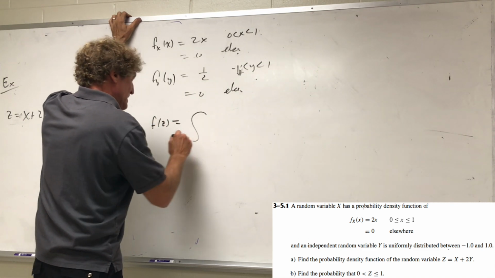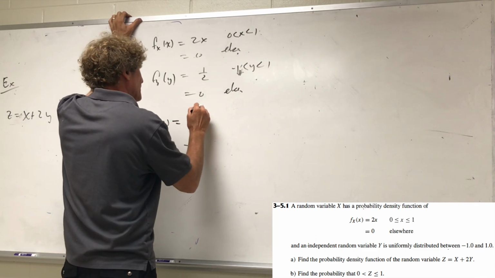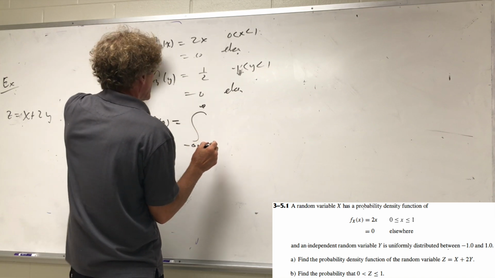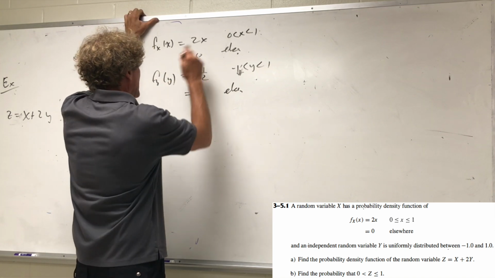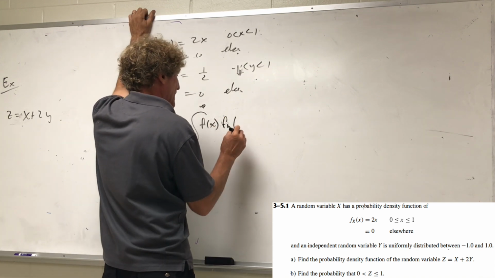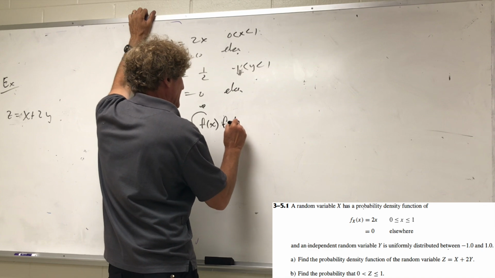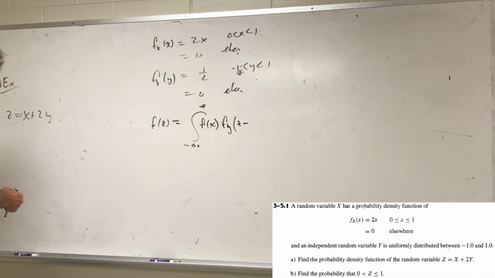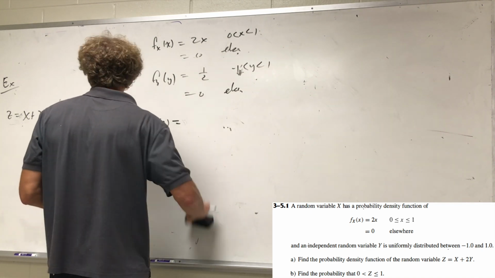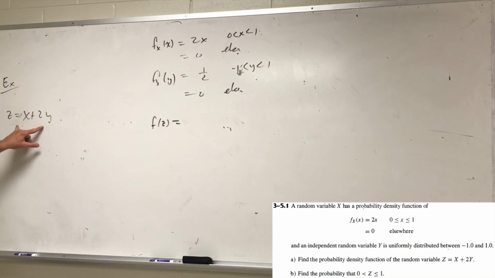Well, f of z is the integral from minus infinity to infinity, technically. And I'm going to put the f of x first. So I'm going to put f of x, f of y, of z minus, maybe I do it the other way. I'm running out of time on this one. Tell you what, I'll finish this up. Here's the whole thing.